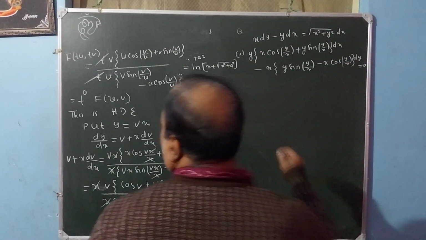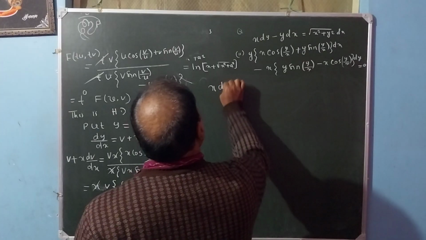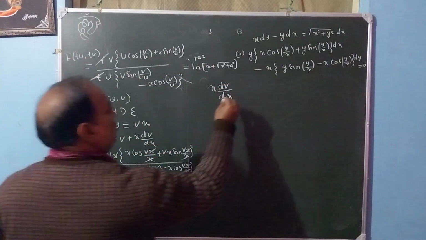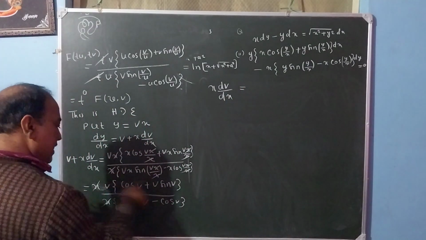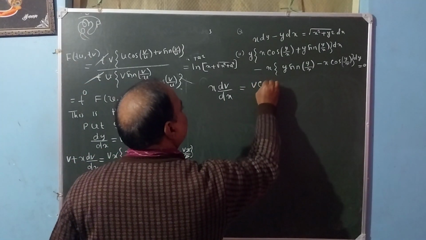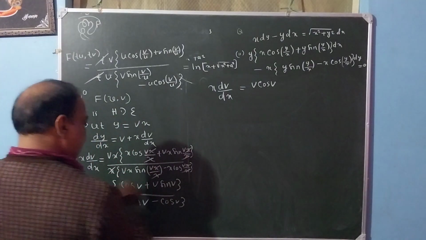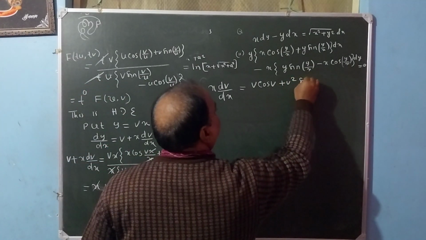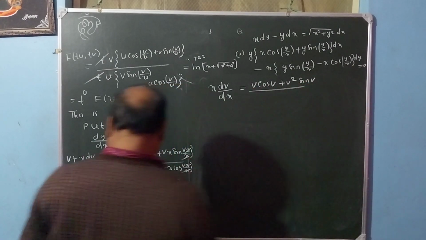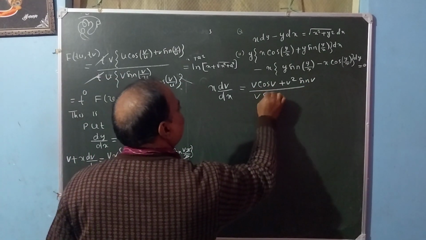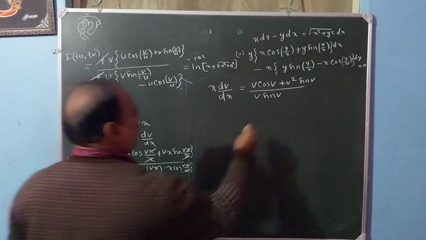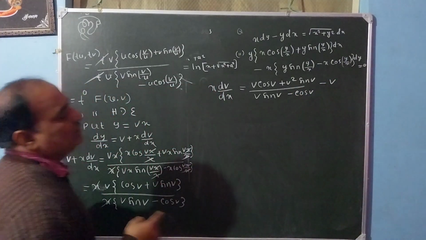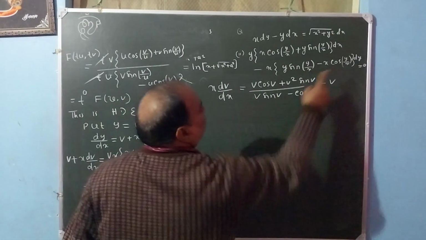So x dv by dx is equal to v cos v plus v square sin v, divided by v sin v minus cos v, minus v. Now this term will be multiplied there.